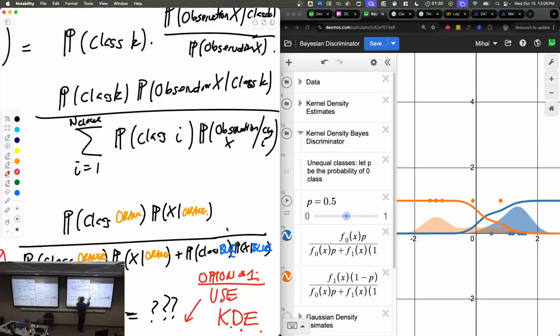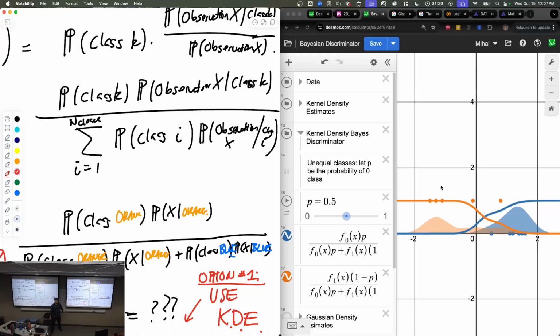P is the probability of the blue class, so F0 times P is the probability of blue times the probability of x given blue, and then you divide by the sum on the bottom, and then the orange is the reverse. So there you go, the orange and the blue. So this is the Bayesian way, given a kernel density estimate of the densities, to turn it into a classifier. Very nice stuff. Great method.